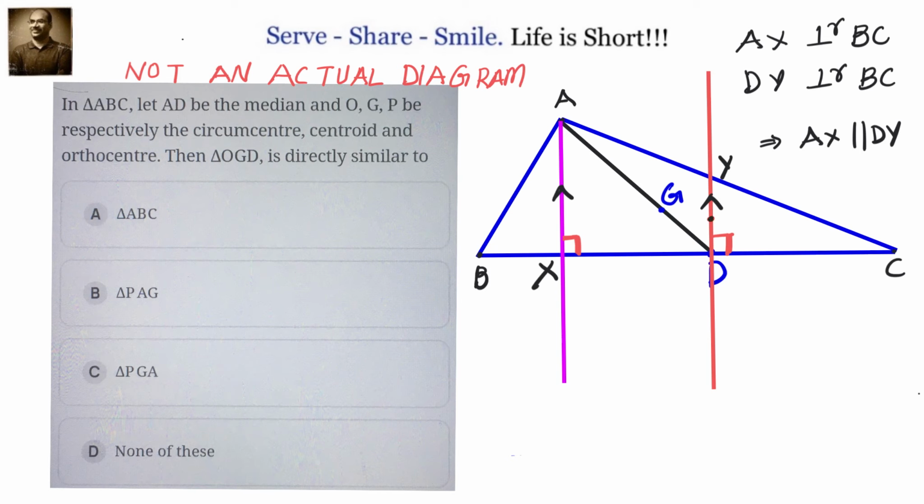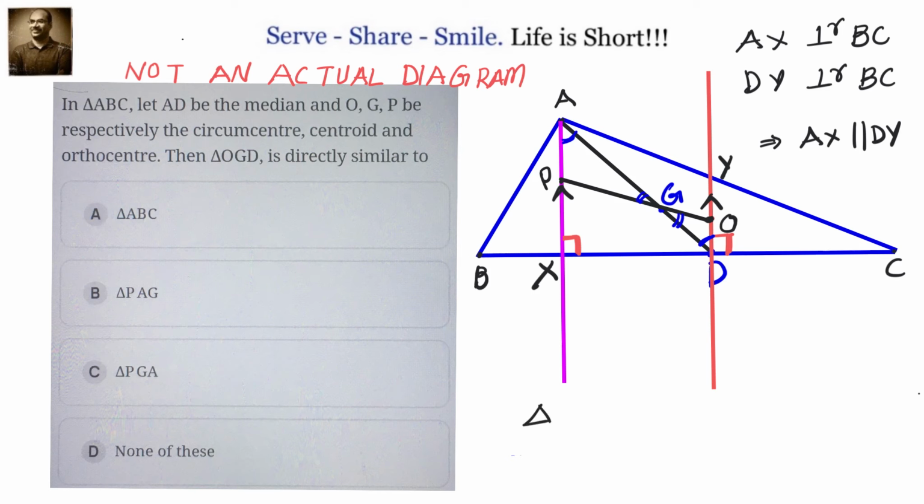Circumcenter is O. So this is O and this is P. Let us join O, G, P. Now you can see that we have one triangle OGD here. Another triangle is AGP. Remember, we have parallel lines. Whenever we have parallel lines, we have alternate interior angles. So we have this angle equals to that angle, and we also have vertically opposite angles. So let's write down the triangles which are similar to each other.